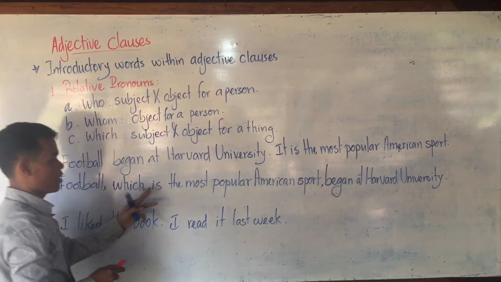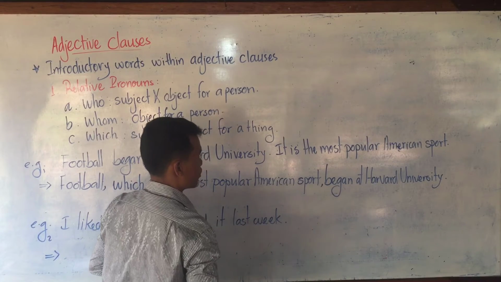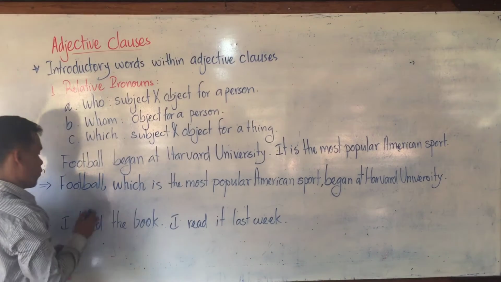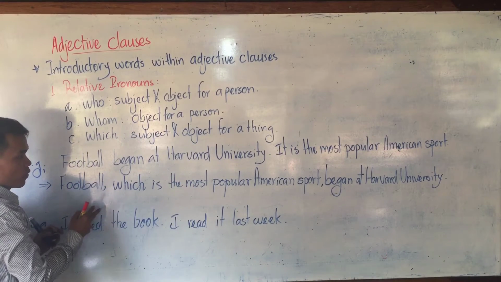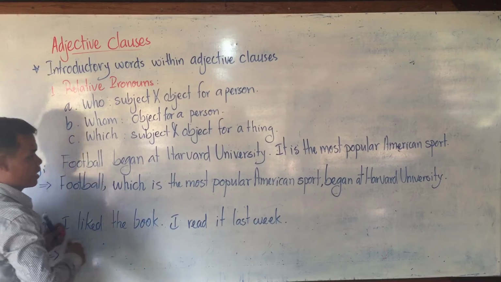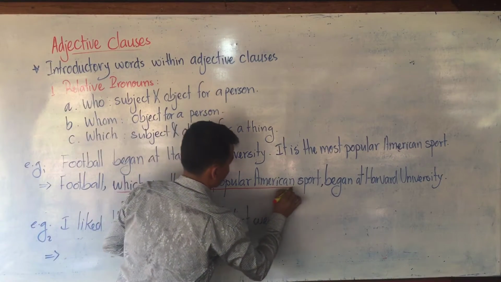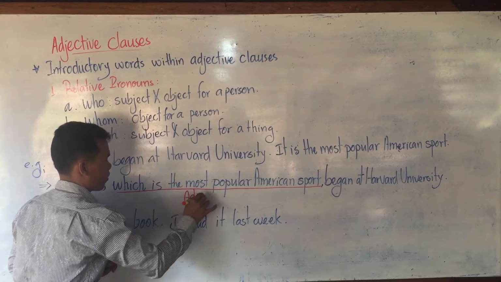Football, which is the most popular American sport, began at Harvard University. Because football is a proper noun, this adjective clause is used with a comma. It is called a non-defining relative clause. So from which to American sport is the adjective clause.